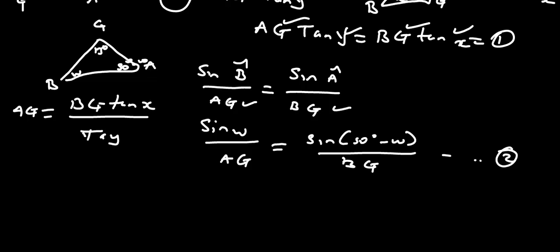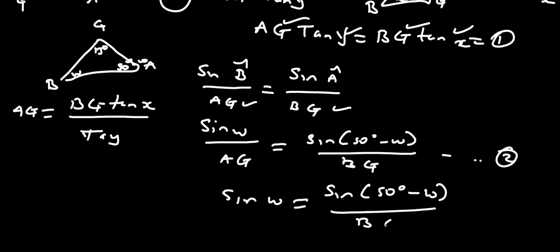Now let me multiply both sides by AG. We're left with sine W equals sine of 50 degrees minus W divided by BG, times AG. So AG equals this; we put that here.